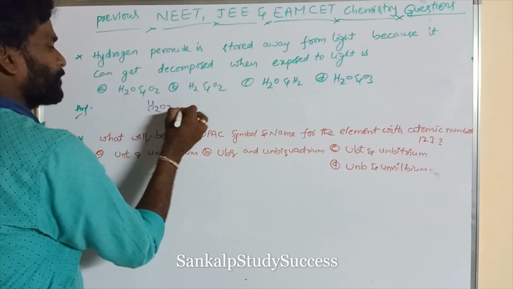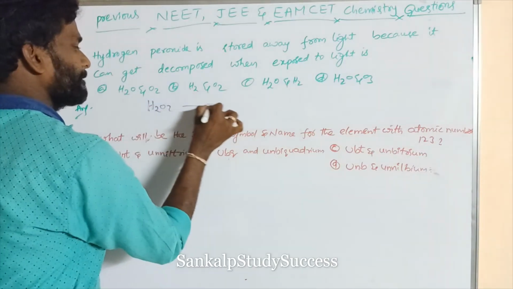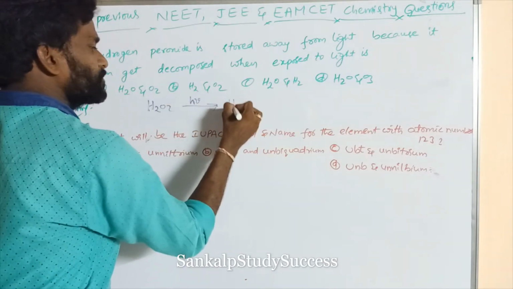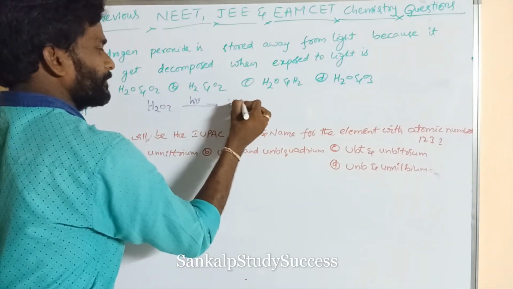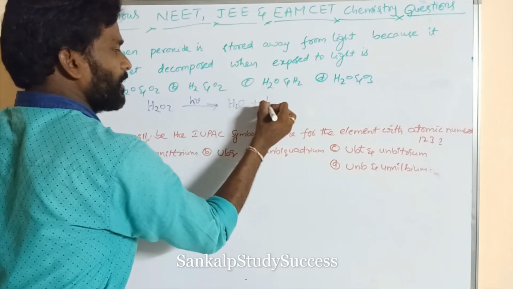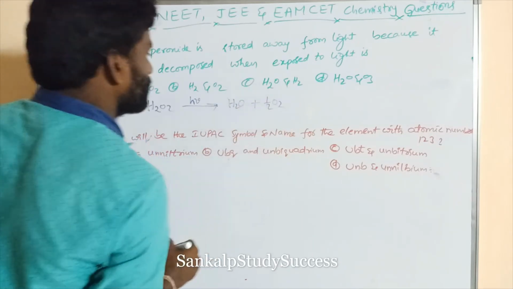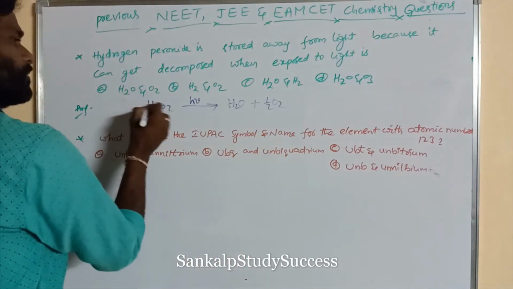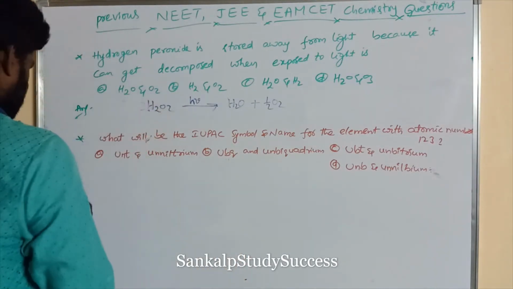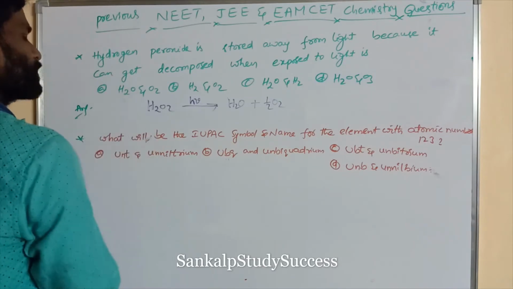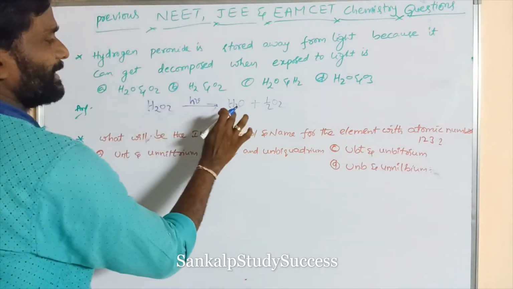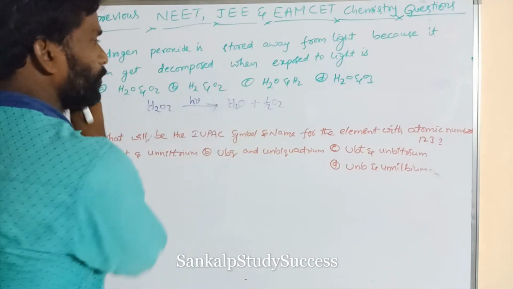H2O2 can be decomposed in the presence of light. How? H2O plus half O2. If we take 2H2O2, so H2O2 can be decomposed in the presence of light, H2O plus half O2.